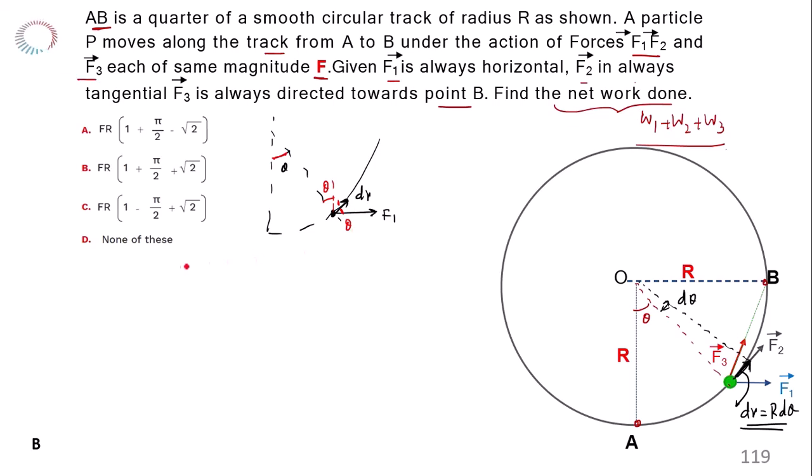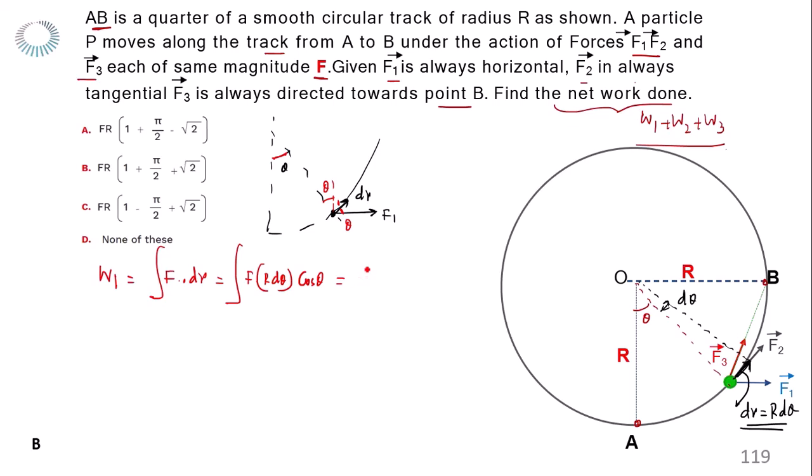So work done by F1. F1 is a constant force, so F dot dr. What is dr? It is r times d theta, and the angle between them gives cos theta. So this is the integration.